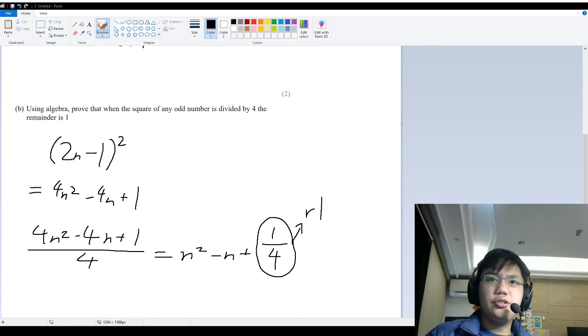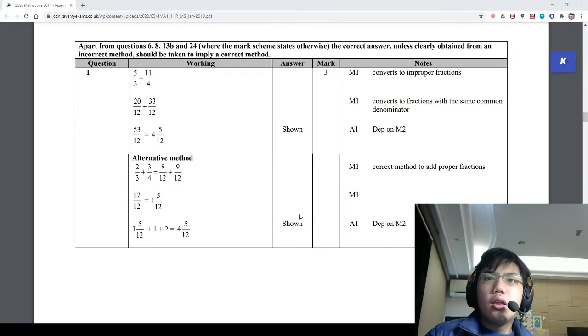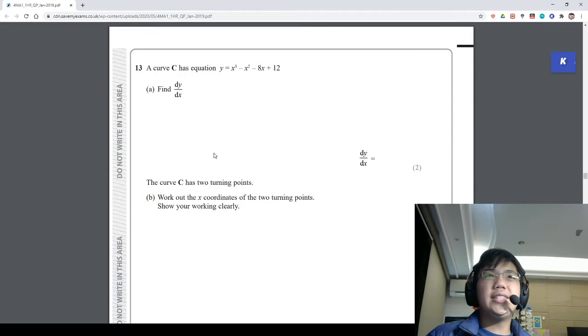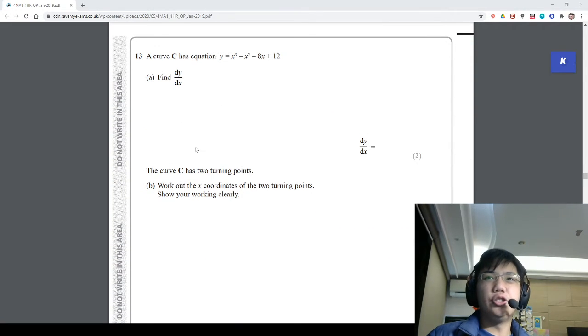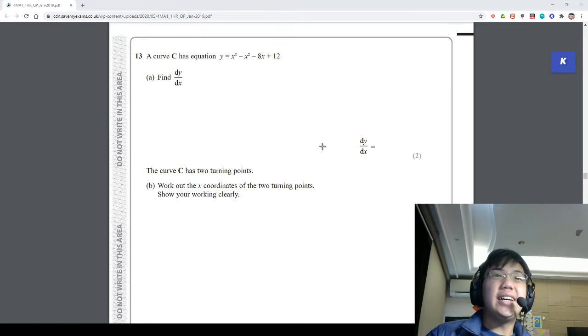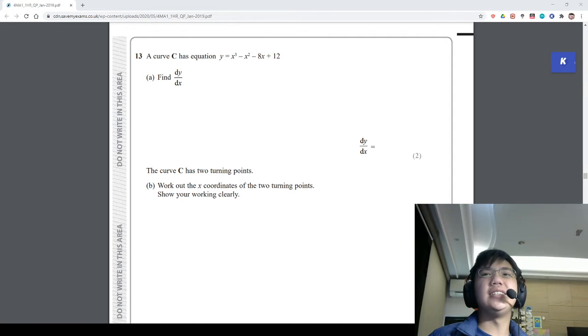The next question, sorry, that's the mark scheme. Question 13 is a calculus question. Here we need to find dy over dx, and we need to find the two turning points of curve C.